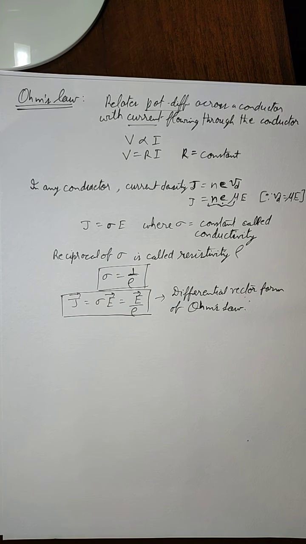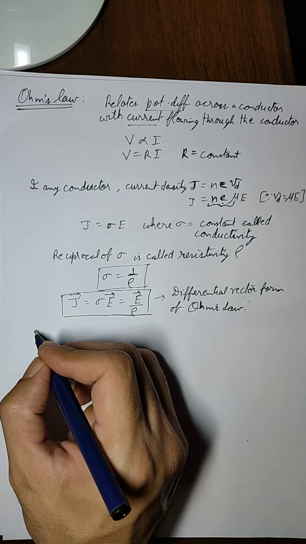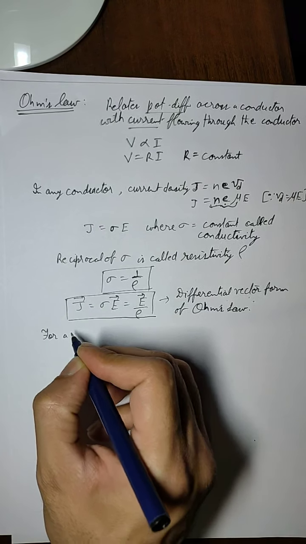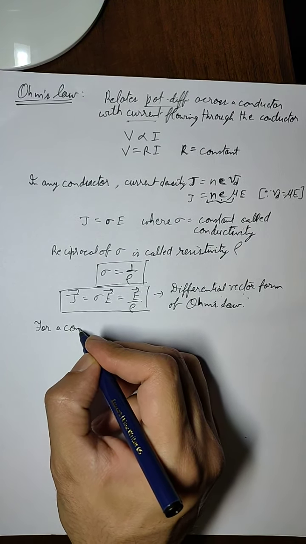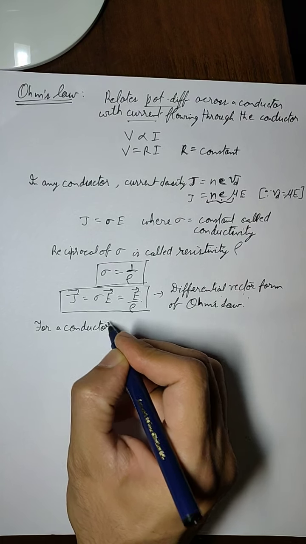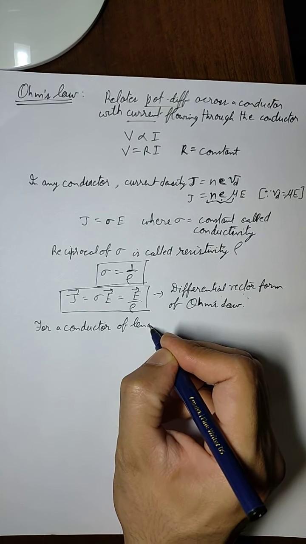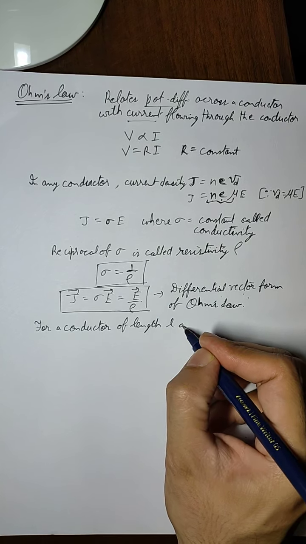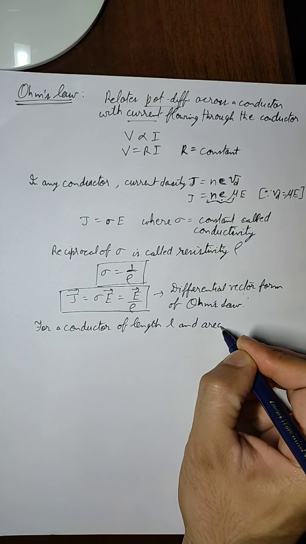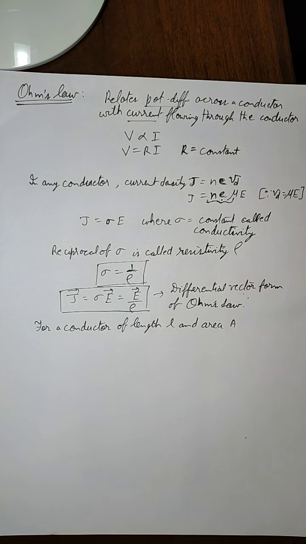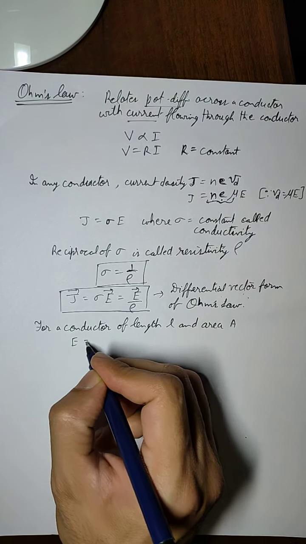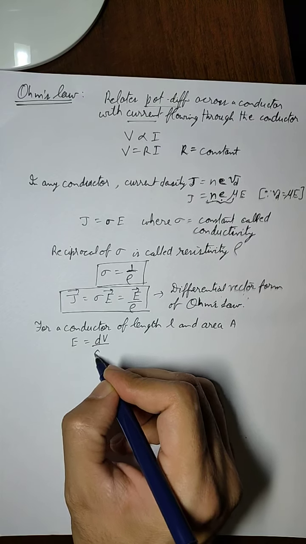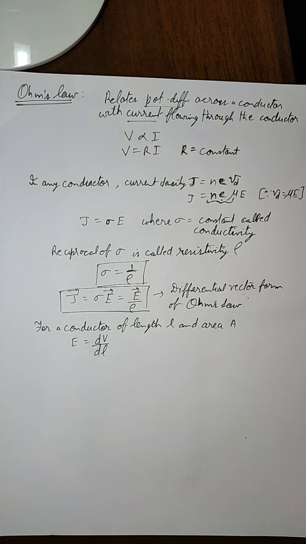Now moving ahead, let us say that we have a conductor of length L and area of cross section A. The electric field E will be given by dV by dl. This we have already studied.